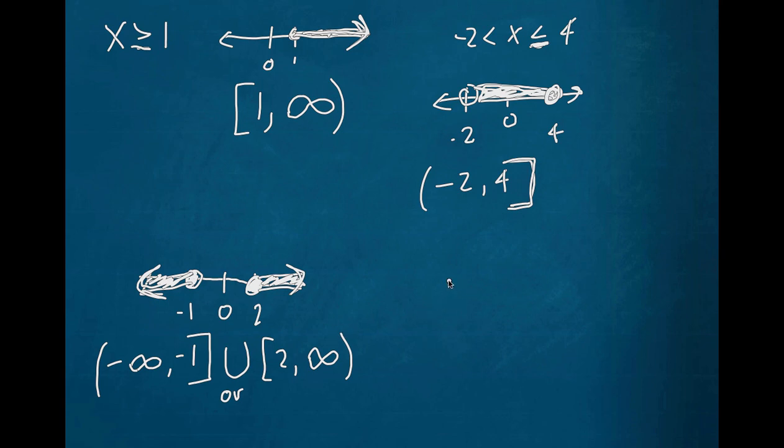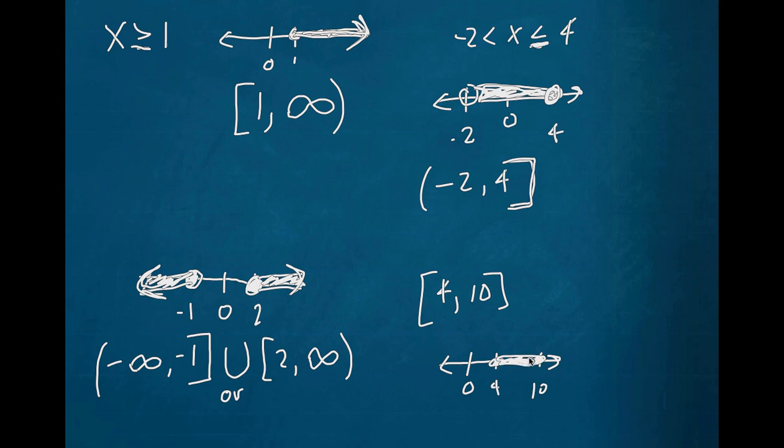So if we had something like 4 to 10 with brackets, so there's an interval, and if we wanted to graph that, we'd have filled in dots at 4 and 10 and shaded in between.